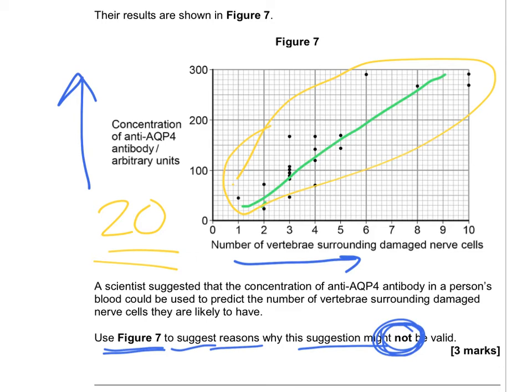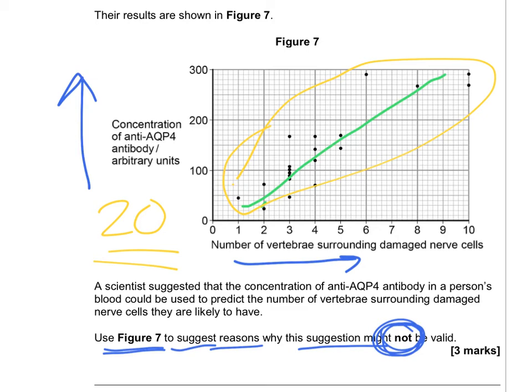They haven't done any form of statistical test, they've just shown the raw data. As I said to you before, the correlation is there, but it is very weak. The correlation is very weak because there's lots of outliers around the line of best fit.